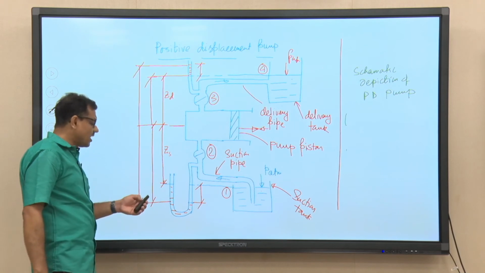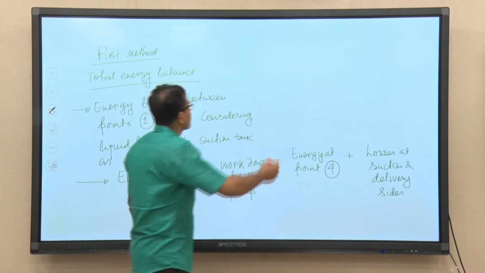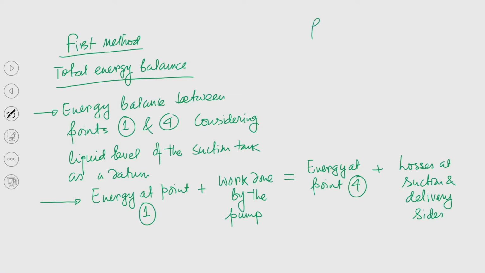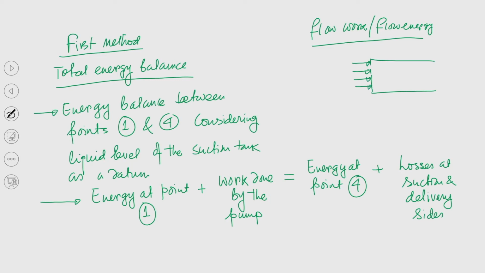So, we have studied in fluid mechanics, say flow work or flow energy, right. Say we have, this is the cross section of the pipeline and this is the flow velocity, right.